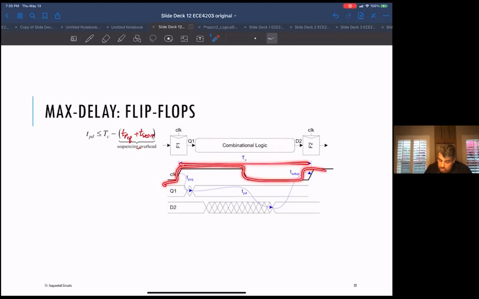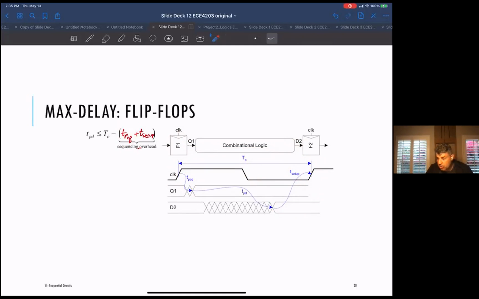That's the total time you have. Then you have to subtract the clock-to-Q prop delay of this flip-flop, and then subtract out the setup time you need before this second flip-flop. Okay, so this is your maximum delay that you can allow.